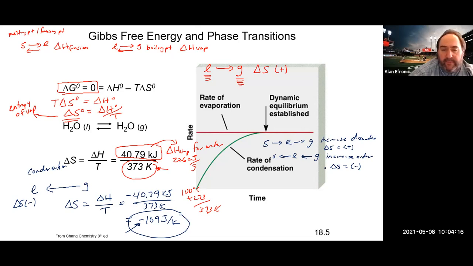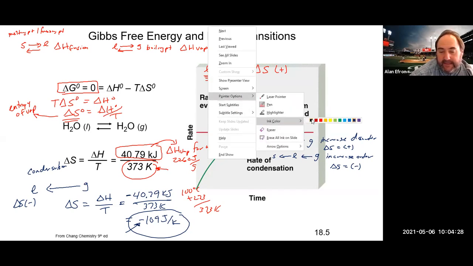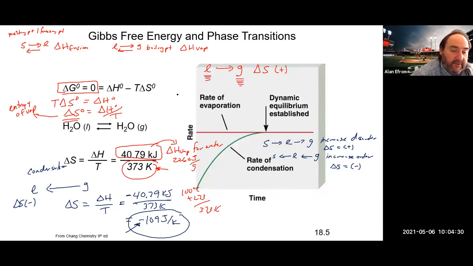Now, one note before we leave this slide, and it's an important one, and it's something that people oftentimes screw up, I guess is the way of putting that. It has to do with an equation that we saw earlier.